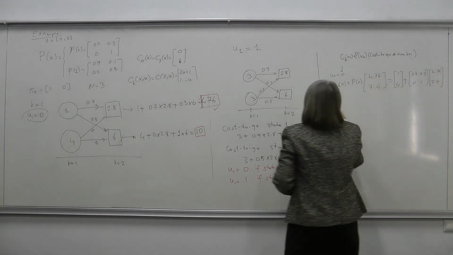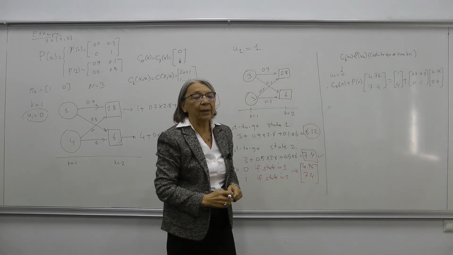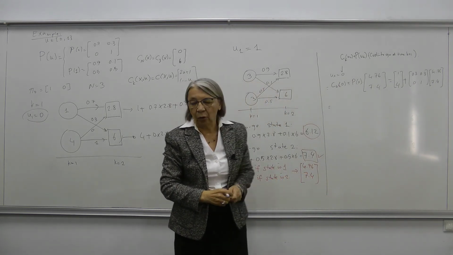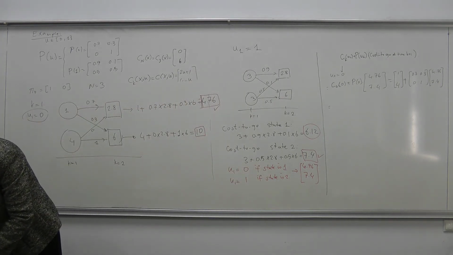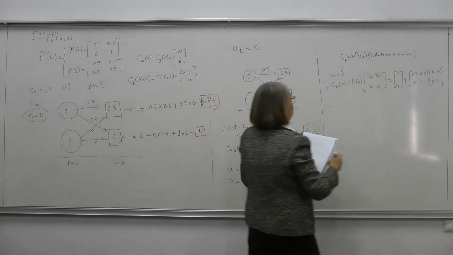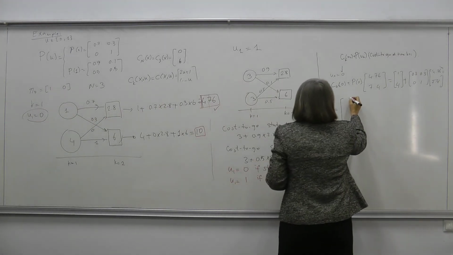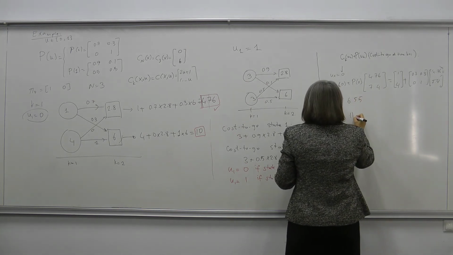That is the computation of cost to go for both of the states when the input is equal to 0. And the resultant vector will be approximately 6.55 and 11.4.